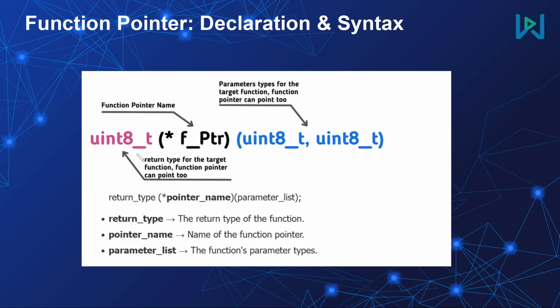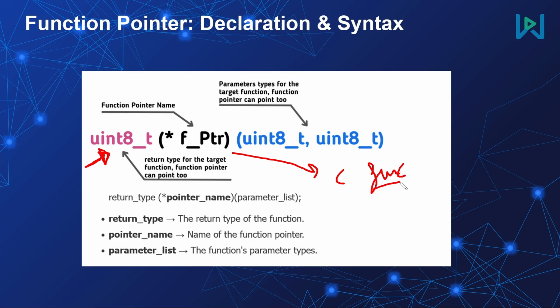Now, in terms of syntax, the function pointer should follow the function signature itself. You need to keep in mind that the function pointer will be used to point to a standard C function.